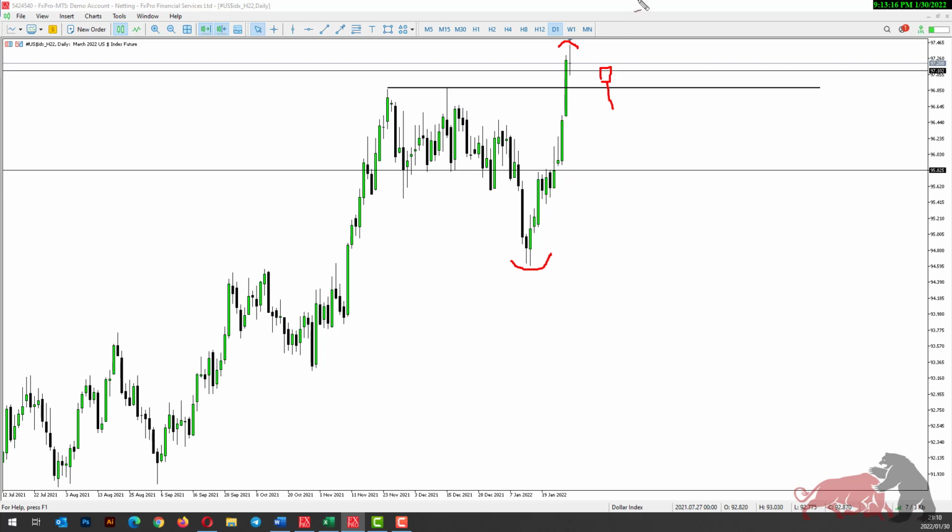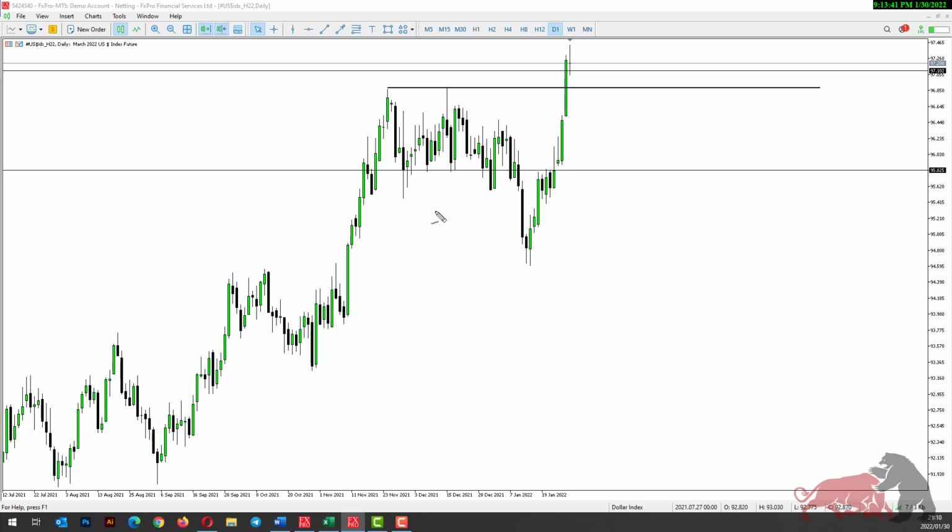Break and close above, then you're looking for longs that are going to break above Friday's high. Longs that break above Friday's high on the dollar index result in shorts that will break below Friday's low on Euro USD. So 96.88 is our crucial price point for this upcoming week.